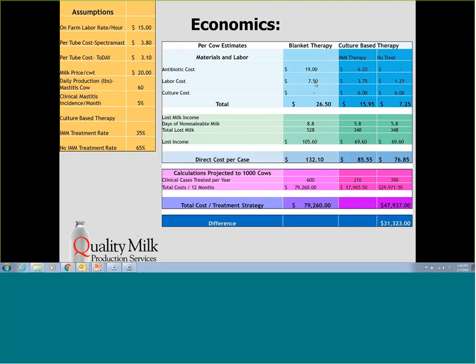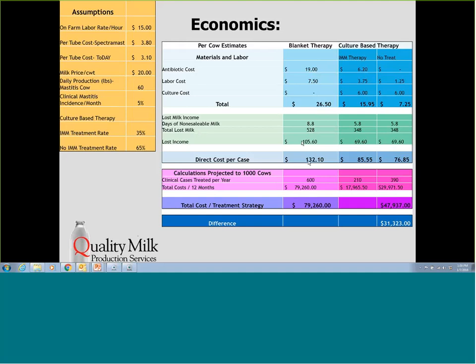No culture costs though, right, here in blanket therapy, but we put in $6 for culture for the culture-based group. Then we have lost milk income from days of non-saleable milk. Remember, it was 8.8 here and 5.8 for these. Total lost milk, 528 versus 348, so lost income there, $105 versus about $70.